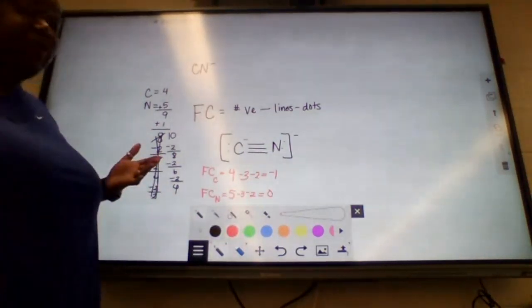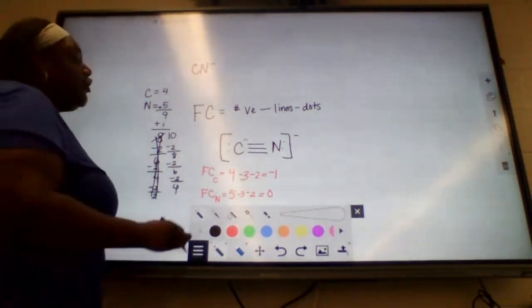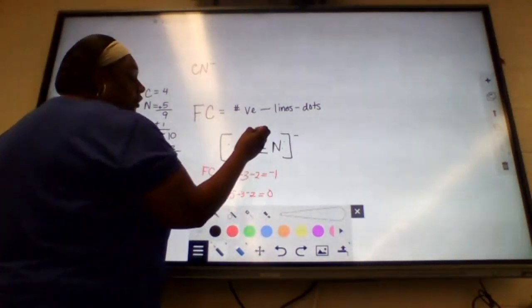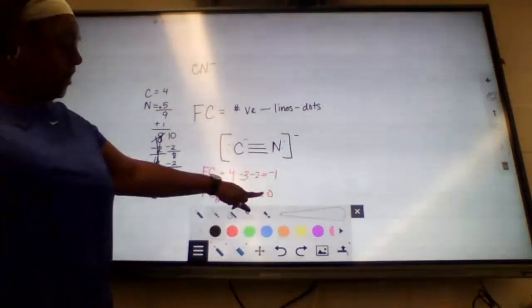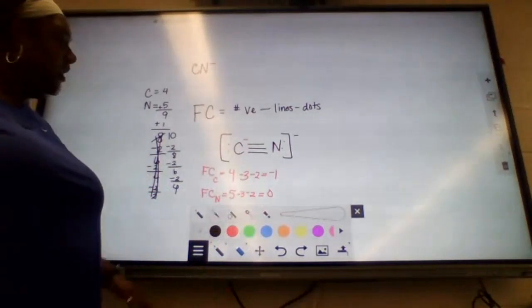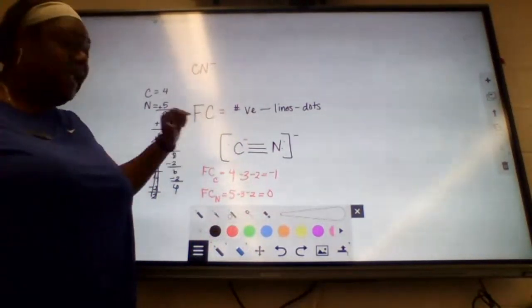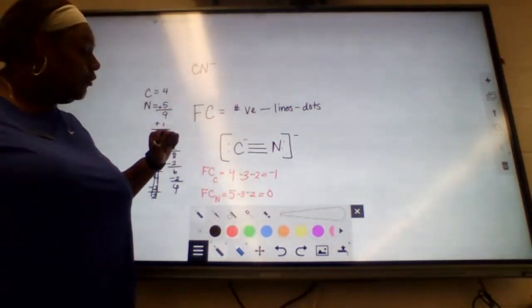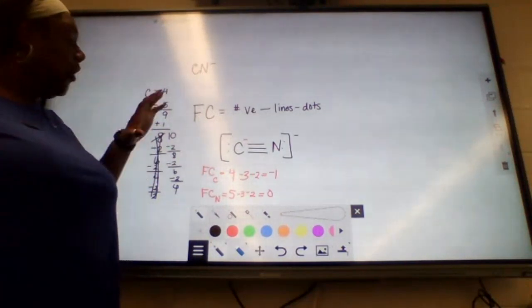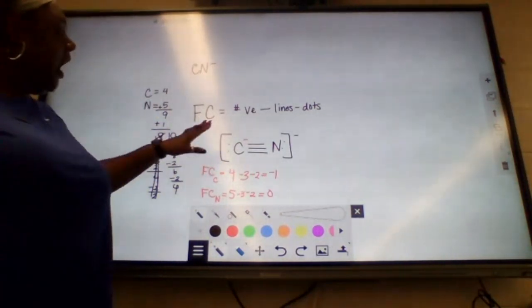So on your homework, what you've got to do is show all of this with the formal charge on your elements. Now remember, formal charges of 0, that means you don't have to show anything. But if it does have a negative formal charge or a positive formal charge, you have to show it on your molecule that you're drawing on the screen, okay?